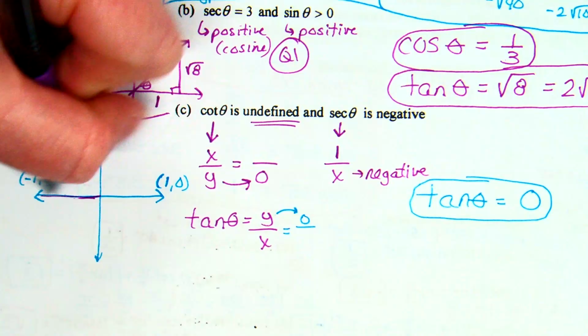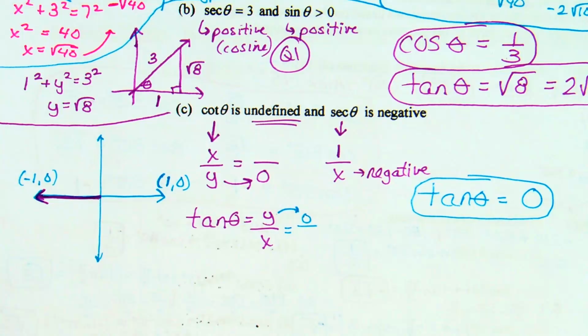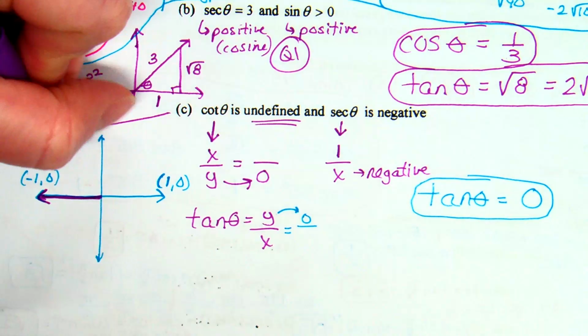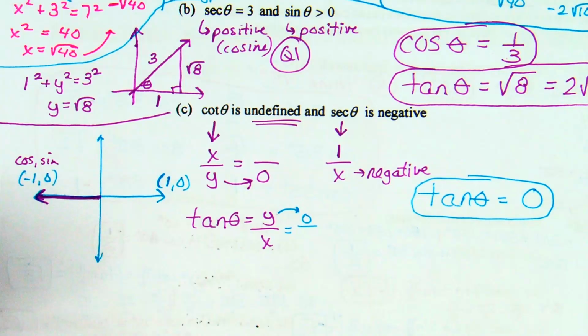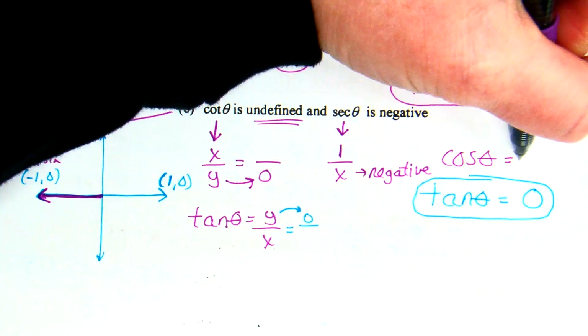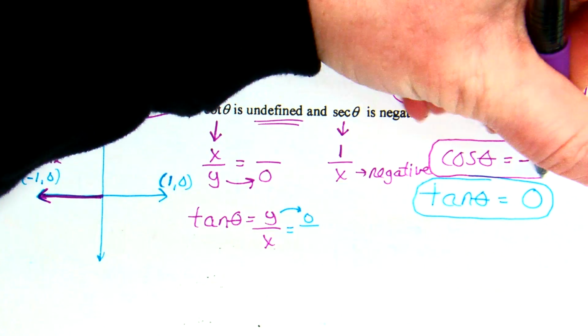So that means I'm over here. So, if that's the case, what is my cosine value going to be? Remember, in an ordered pair, it is cosine sine. So cosine is? Did anyone say it? Negative. Well, the cosine itself is just negative 1.